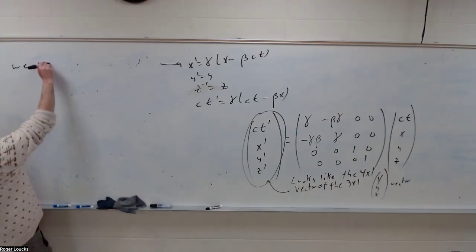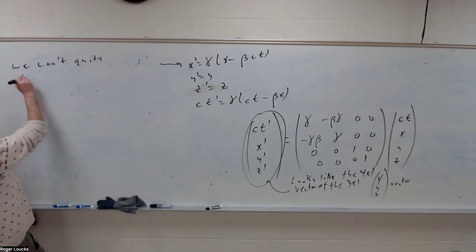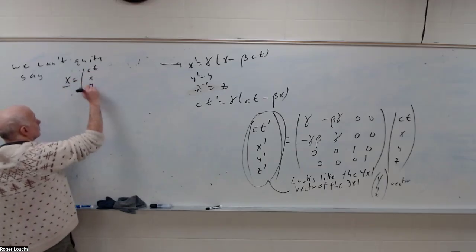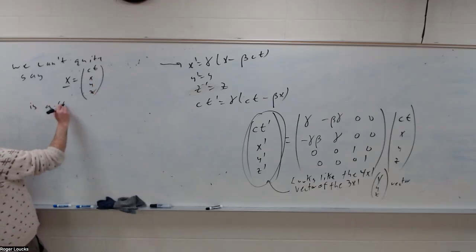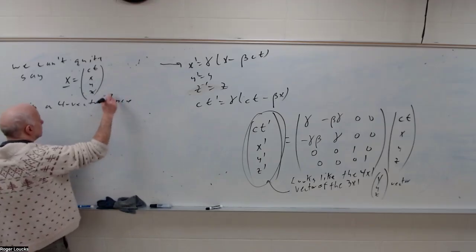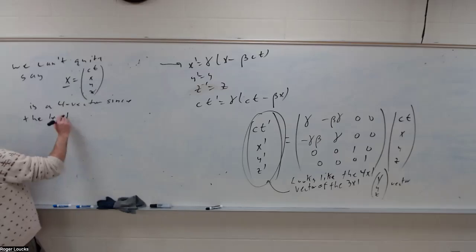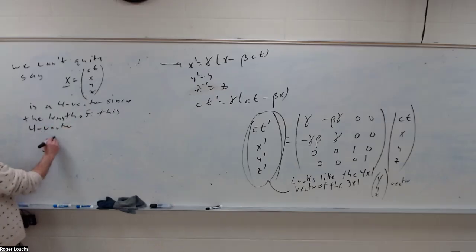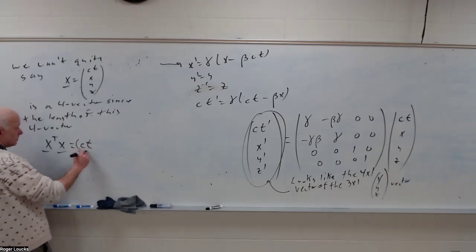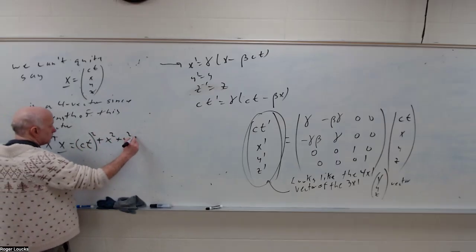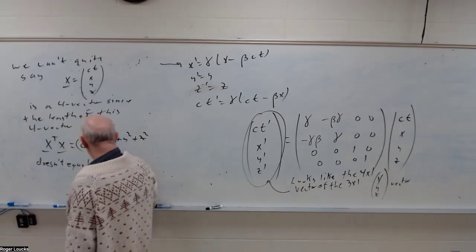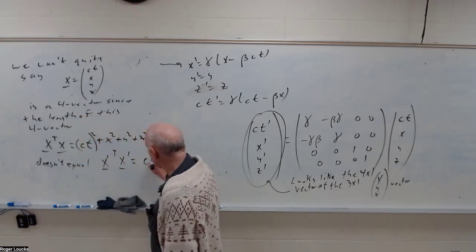We can't quite say that this is a 4 vector, since the length of this 4 vector, x bar prime transpose x bar prime, does not equal x bar transpose x bar.